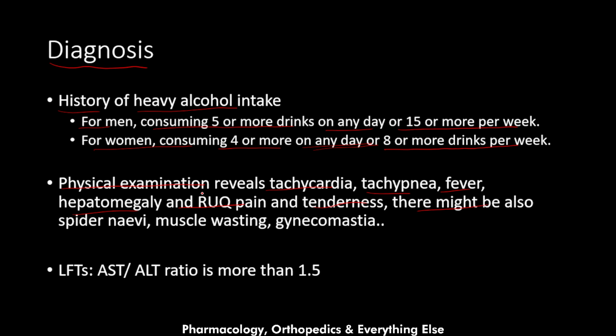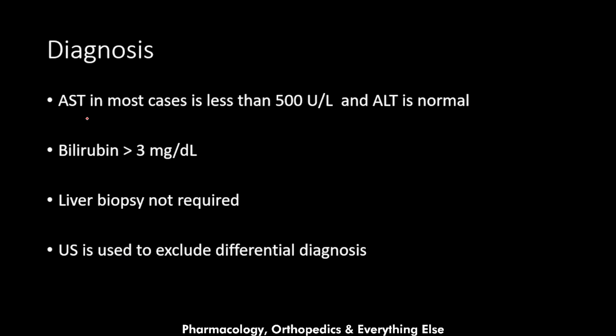There might also be spider nevi, muscle wasting, and gynecomastia. The liver function test shows that the AST to ALT ratio is more than 1.5, and the AST in most cases is less than 500 units per liter, and the ALT is normal.